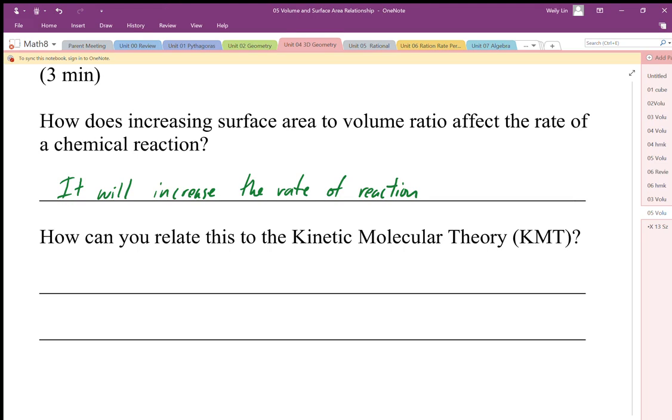This relates to kinetic molecular theory in that more surface area allows for greater molecular interaction.